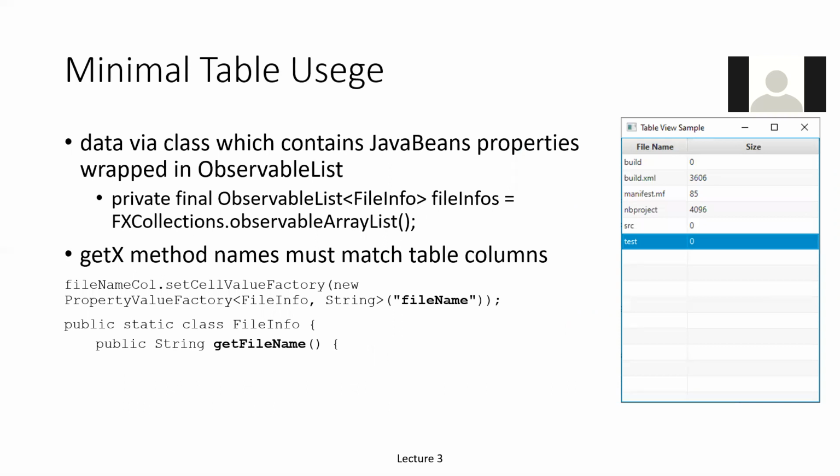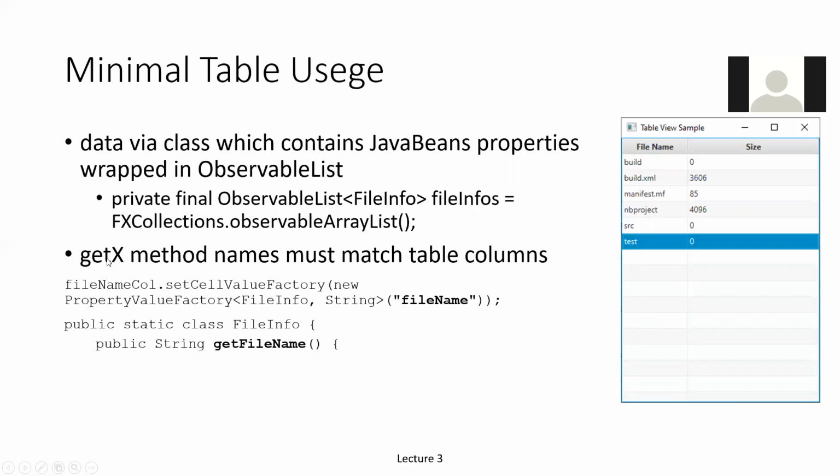Then I have this minimal table, and in this case I used Java Beans, or JavaFX has its own property things. Observable list was here, and this file info was a class of my own written in the end of the file, but still inside that main class.